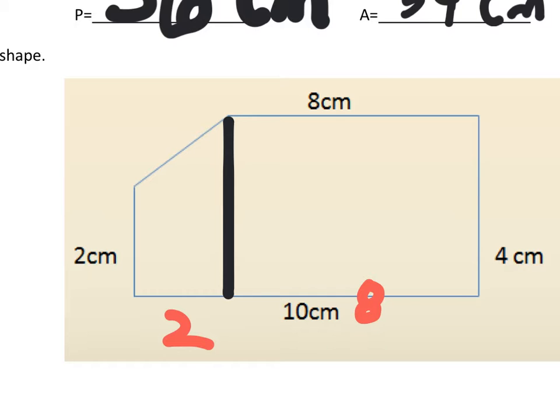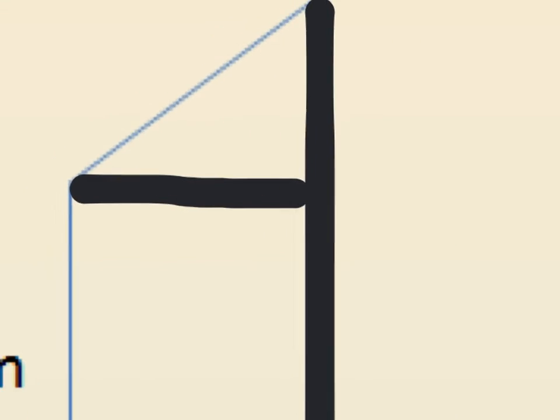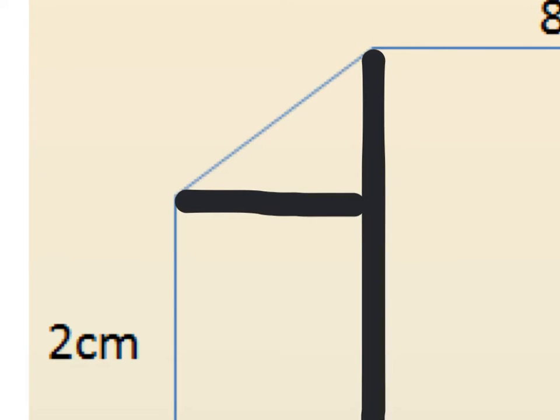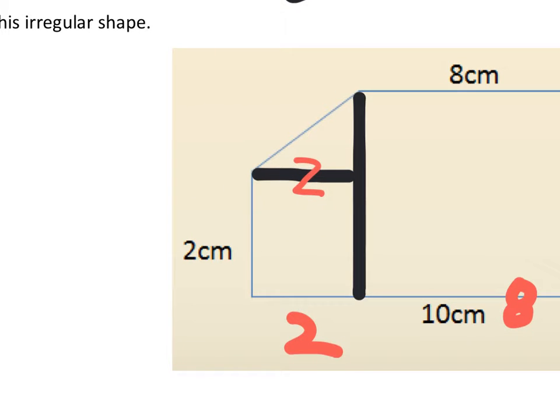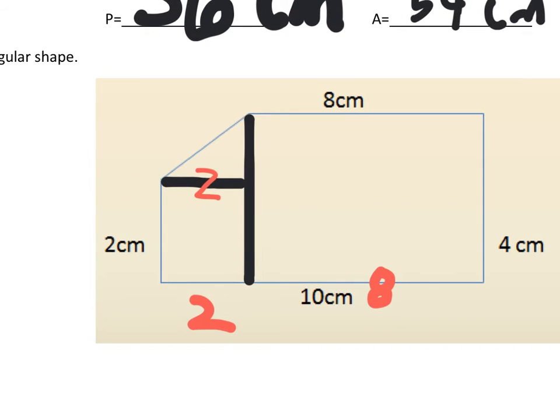All right, and then from here, we could do this. Another dividing line here, which would tell us that this segment right here is 2 because it's the same length as that segment right there. So just using the diagram to get it labeled.